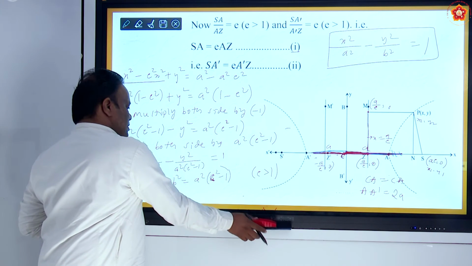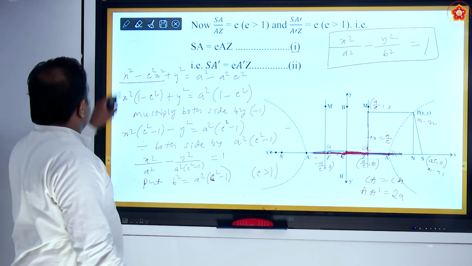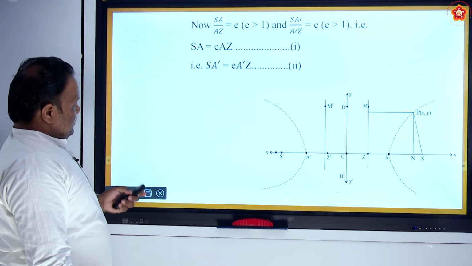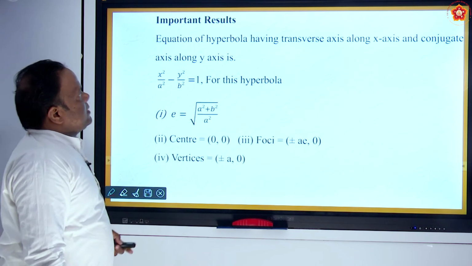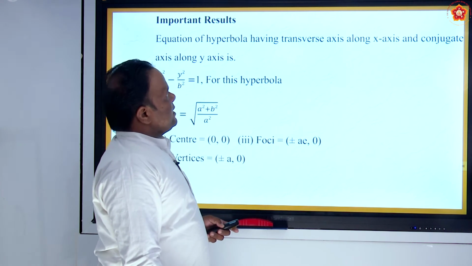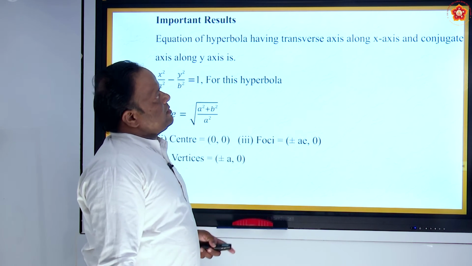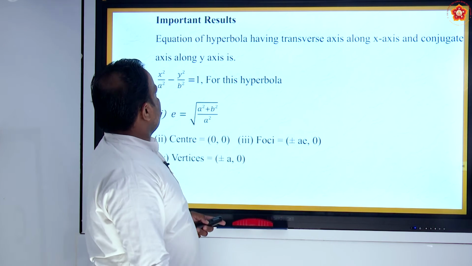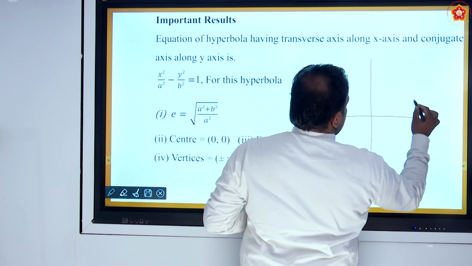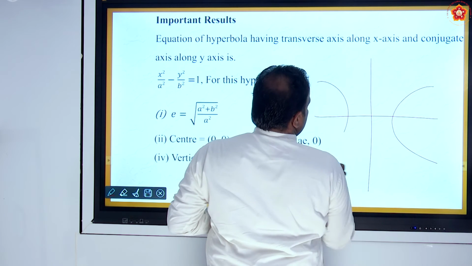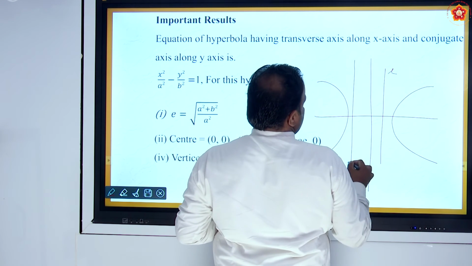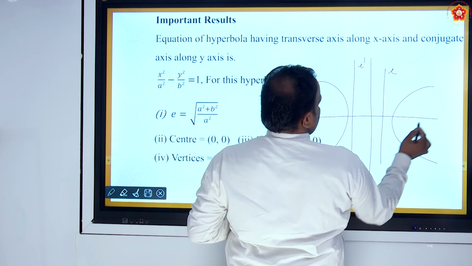Okay, let us see some results of hyperbola, some standard results. Important result: equation of hyperbola having transverse axis along the x-axis and conjugate axis along the y-axis. See, observe here. This is the hyperbola. This is directrix L, this is directrix L dash.